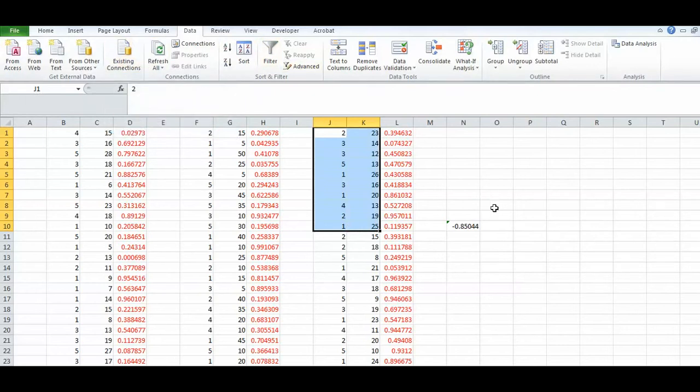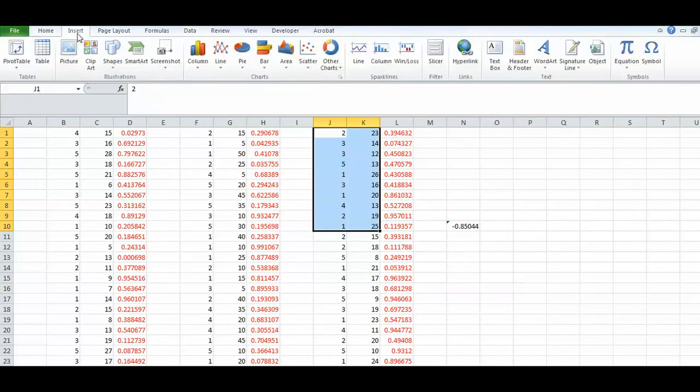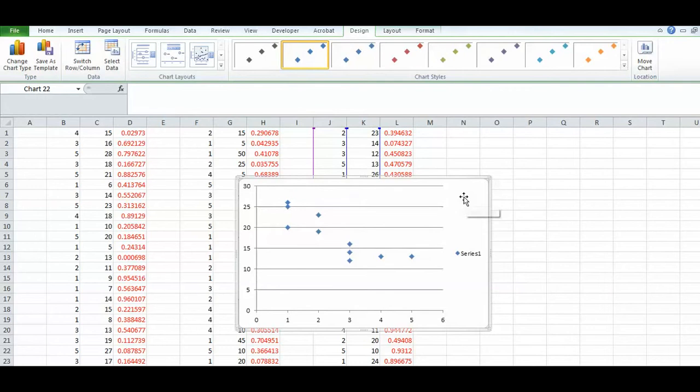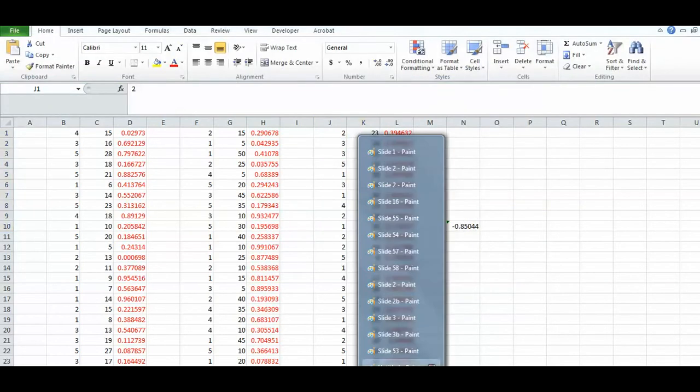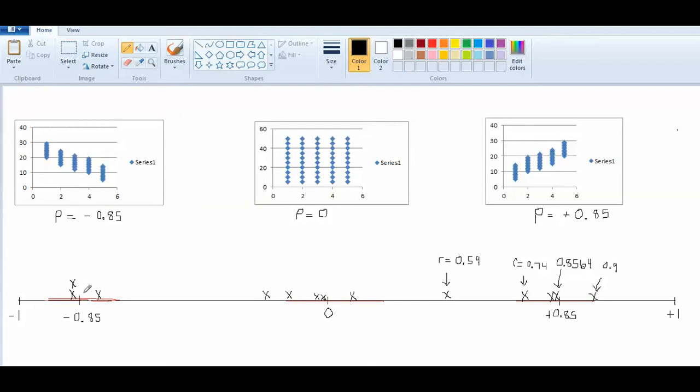Okay, so we got a negative 0.85. This looks like that. Negative 0.85 is a little bit closer to 0. It's a little bit to the right of the population correlation coefficient.